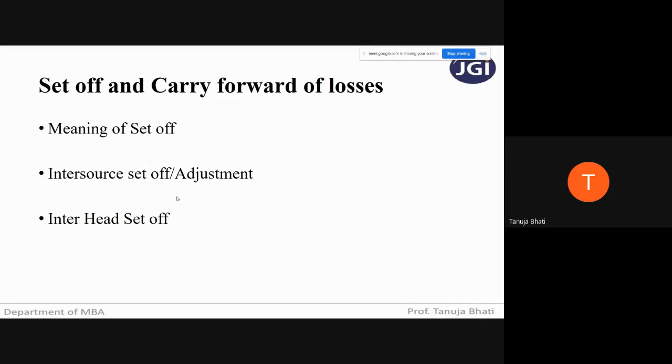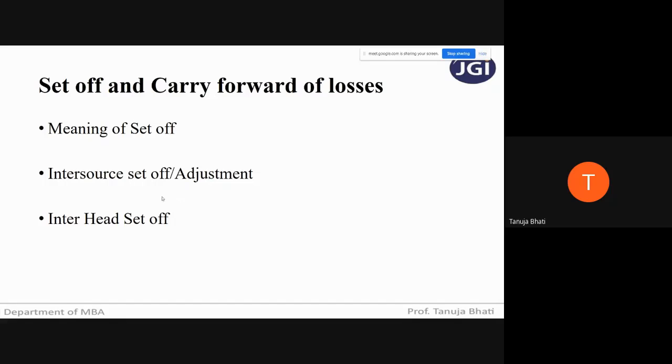Long-term capital loss you cannot ever set off against short-term capital gain. But short-term capital loss is allowed to set off against both short-term capital gain as well as long-term capital gain. However, long-term capital loss can be set off only against long-term capital gain and not short-term capital gain.